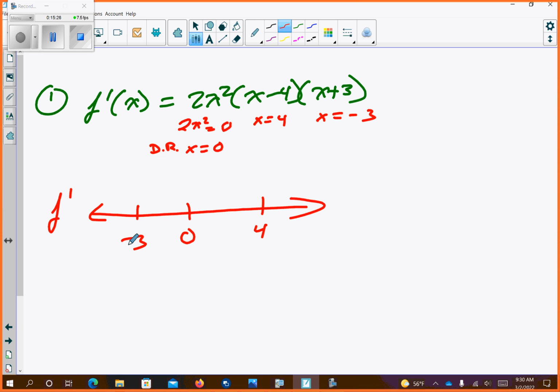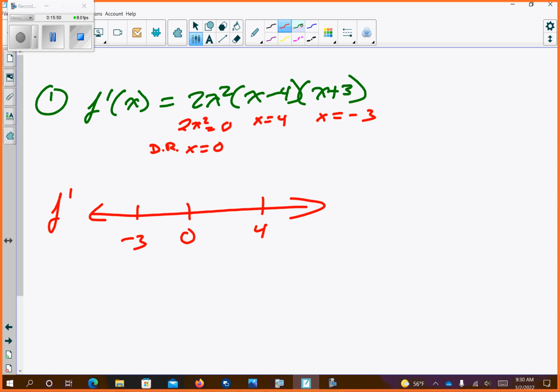Okay, and then we want to figure out positives and negatives. So if I picked a value way out here, say negative 10, and I squared it, that's positive here, that's negative here, that's negative here. So positive times negative is positive.